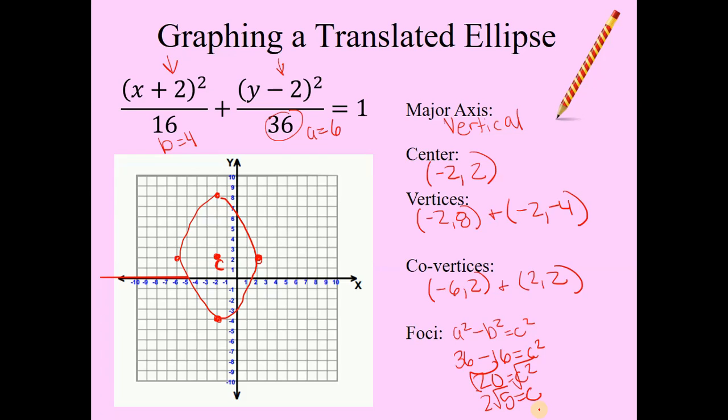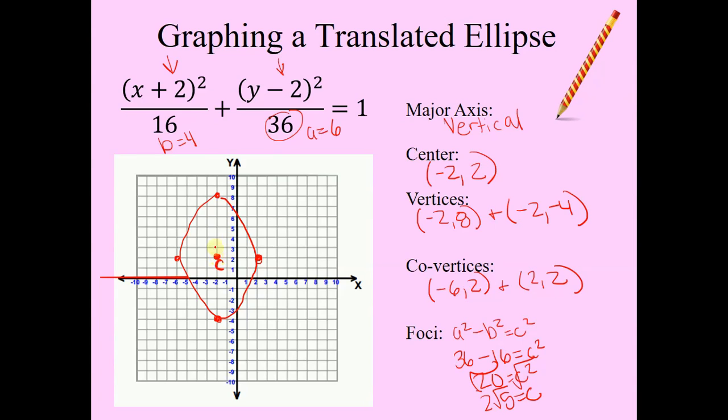The square root of 20 is roughly 4.47. So that tells me from my center I have to go roughly 4.5 away.